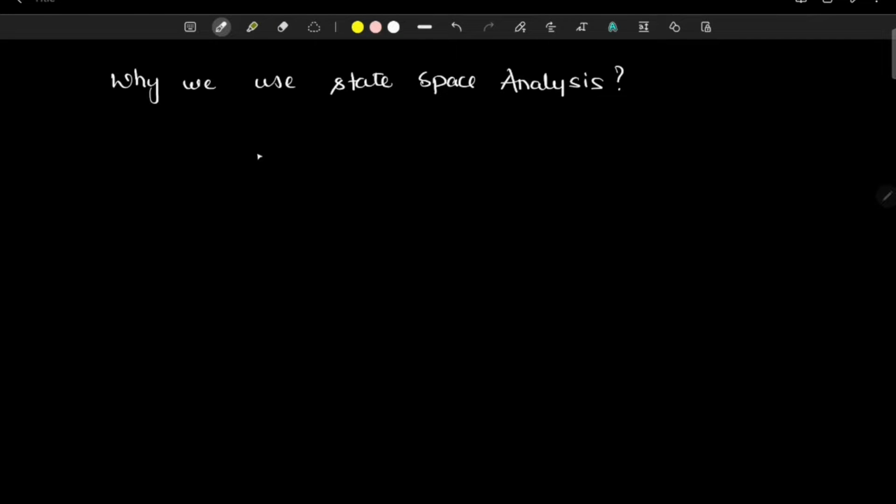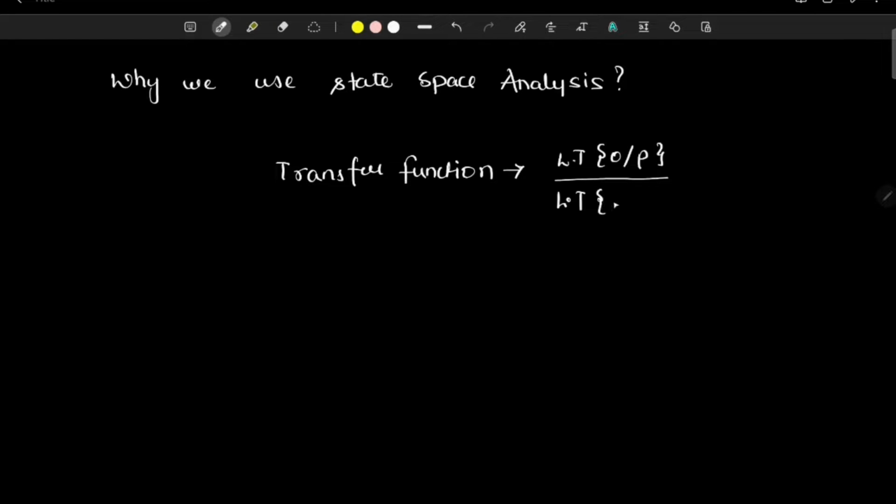And we all know the definition of transfer function. The transfer function is the ratio of the Laplace transformation of output by input with all initial conditions equal to 0, right? So what does this mean?